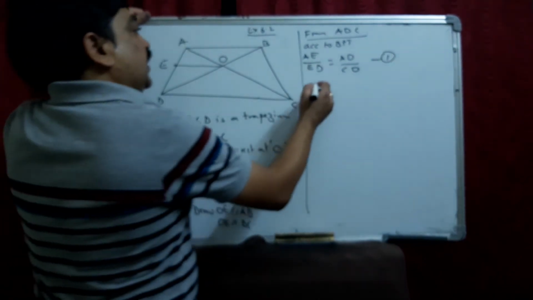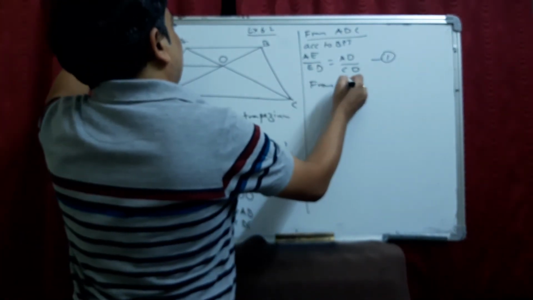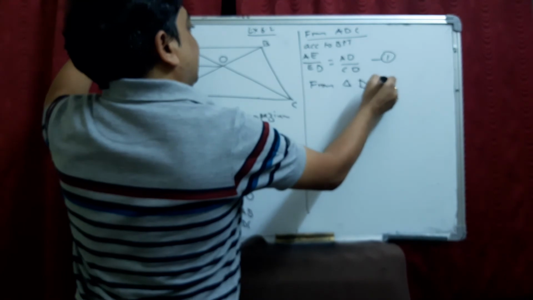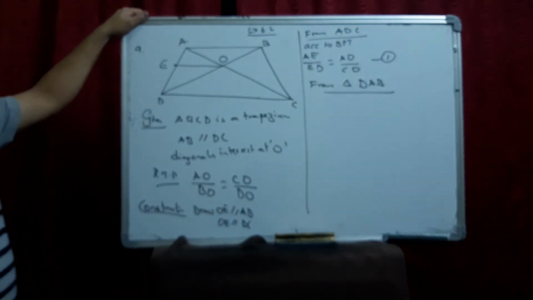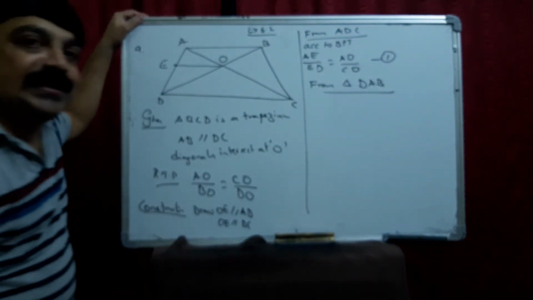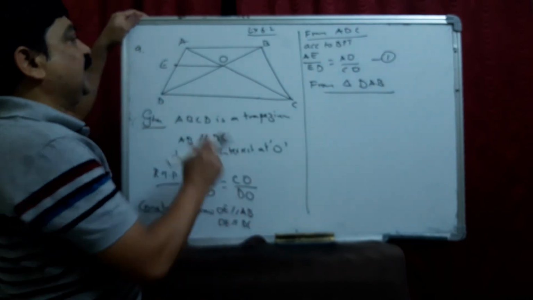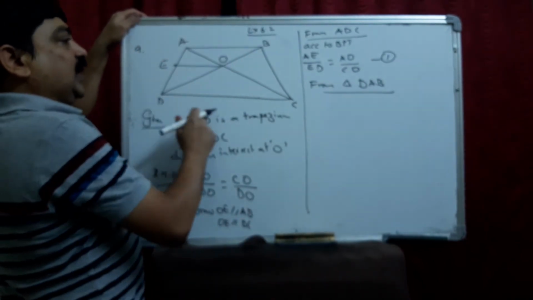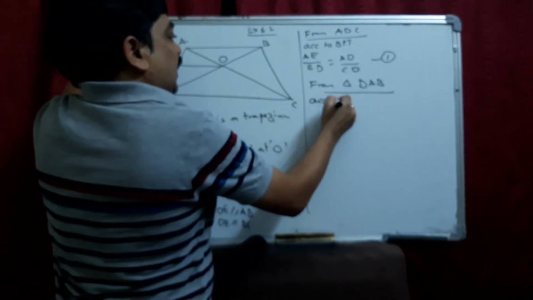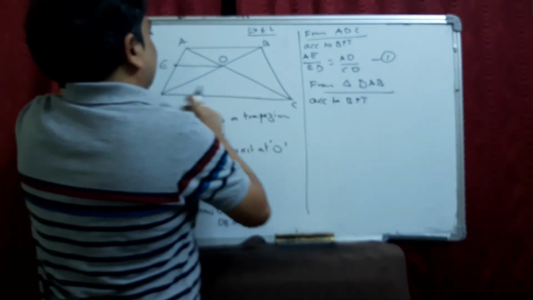Now, see the figure in a different approach. From triangle DAB, see triangle DAB only, and OE is parallel to AB. Now, according to BPT, what happens?